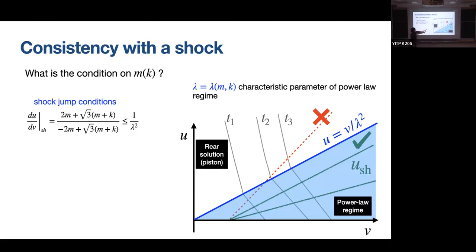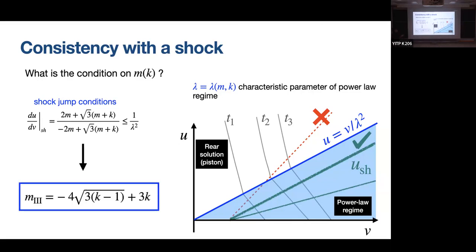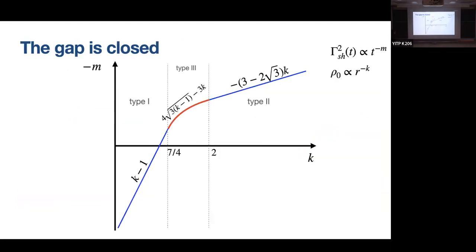So the slope will depend on the values of m and k, and we want it to be shallower than this line. This is the only thing. But it turns out that the only solutions we can find are solutions in which the shock is parallel to this line. So only this equality can exist, and this immediately gives us the desired similarity exponent m of third type self-similarity. So here, we solve the problem.